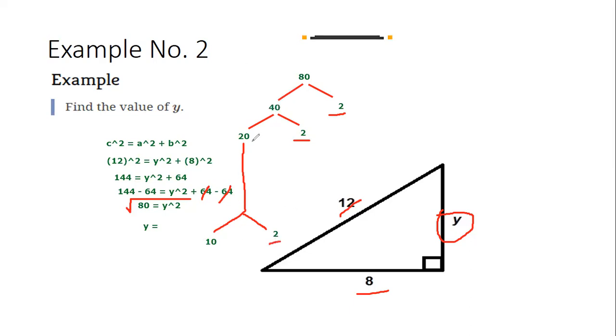So we can still factor out 10. Let's say I'm going to divide 10 by 2. How are we going to do this? 10 divided by 2 is 5, so the missing factor is 5.